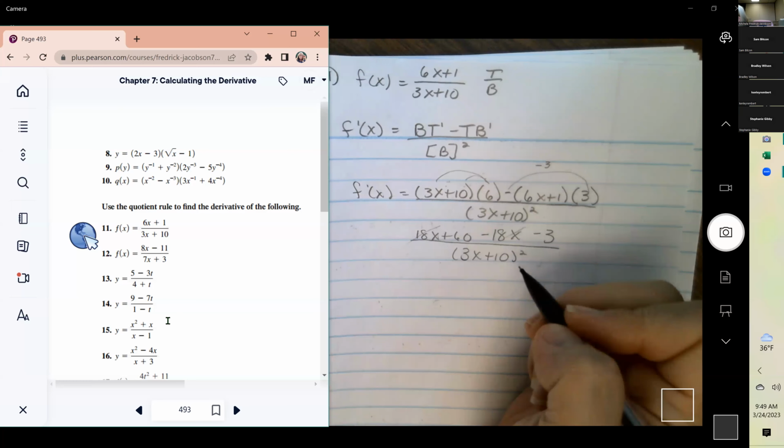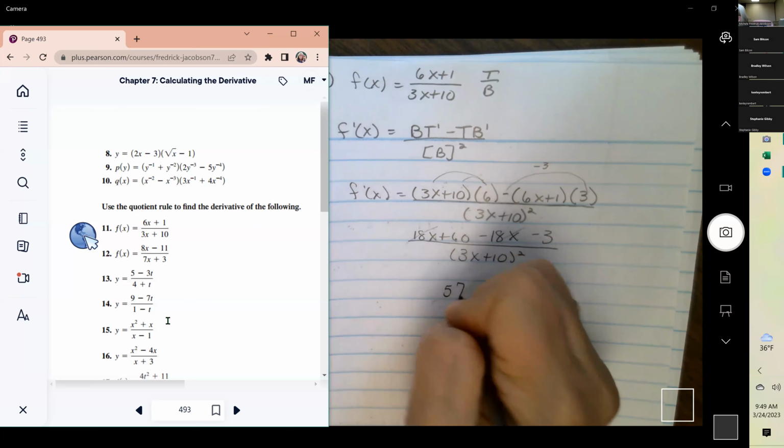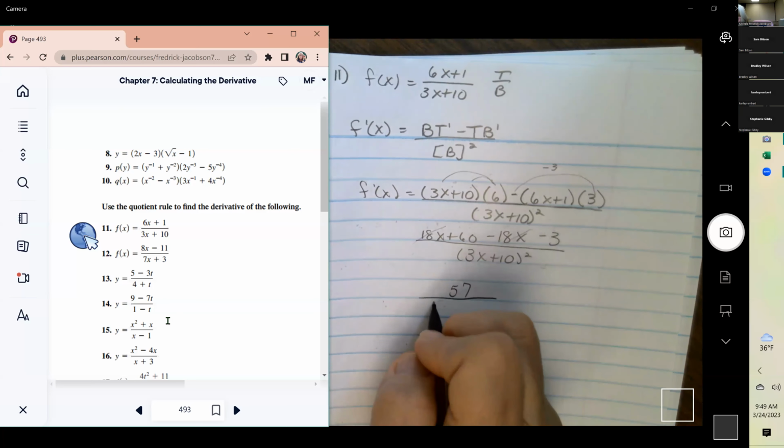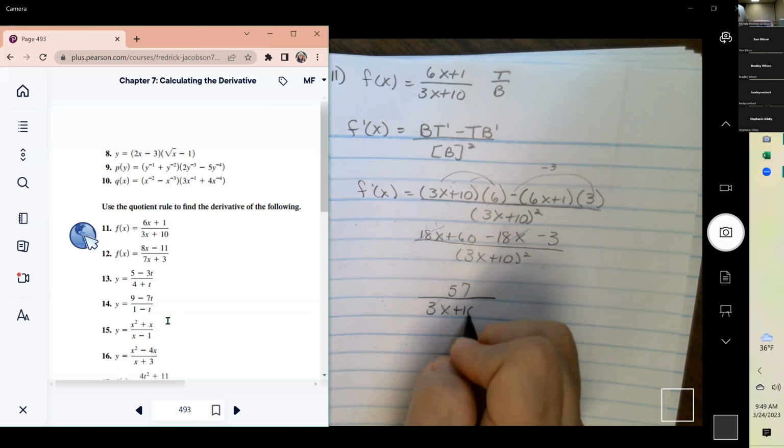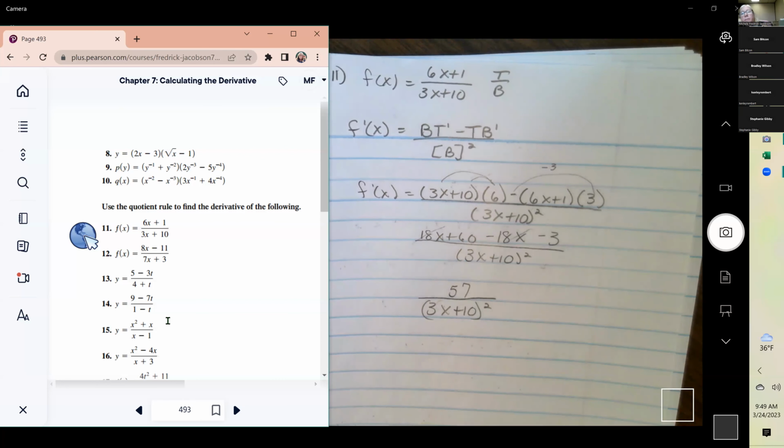The 18x's cancel. 60 minus 3, 57. And there's your answer. And most of them, the top will simplify nice. Any questions on that?